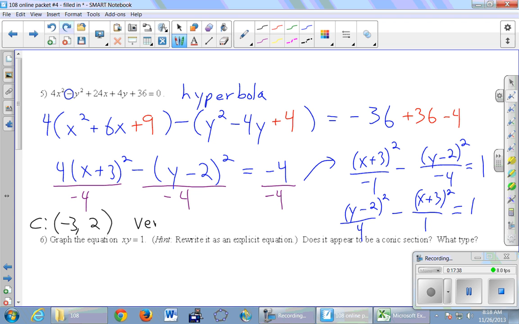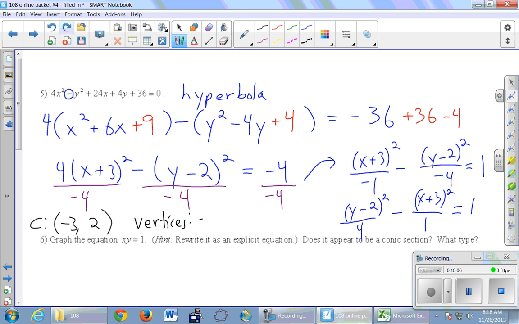Okay, we needed some vertices. So instead of writing all 4, let's just write the 2 that are called the vertices. This is an up-down hyperbola, which means we got to decide how far to go up and down from the center, and whatever we land on will be the vertices. So this says you're supposed to go up and down 2, left and right 1, but that part doesn't matter to us. So we're just going up and down 2 from the center.